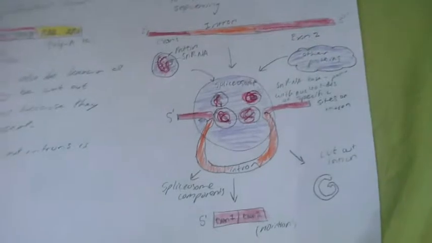So SNRPs and other proteins come together to make a spliceosome, which helps cut out the intron. And so that's a cutout intron. That's the exons without the intron, and the spliceosome components come off. And that's pretty much it.